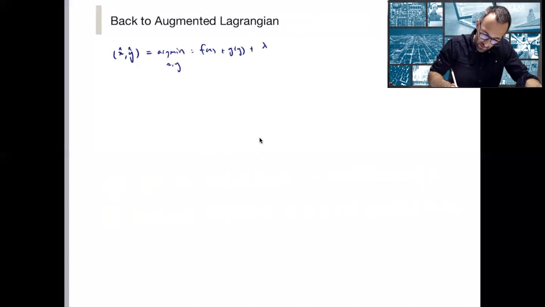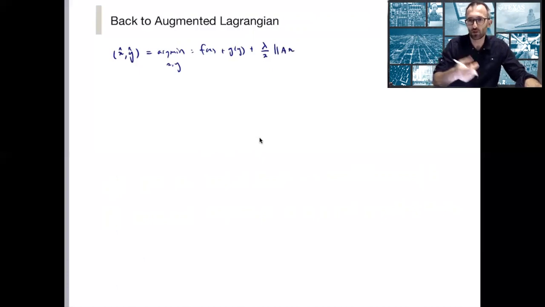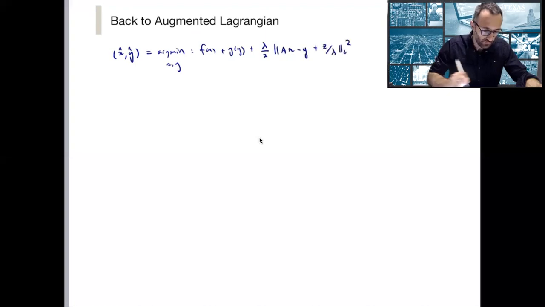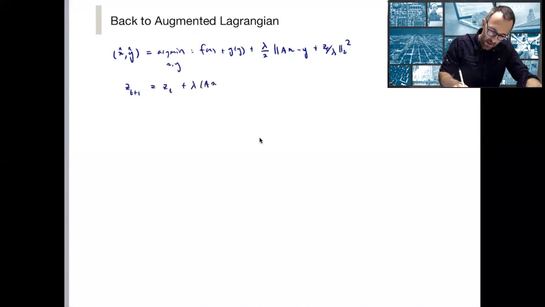This is equivalently the argmin of this, where rather than having a Lagrangian and the augmented Lagrangian term, I'll just write it in one: Ax minus y plus z over lambda, all of this squared, and then z_{t+1} is equal to z_t plus lambda (A x hat minus y hat).